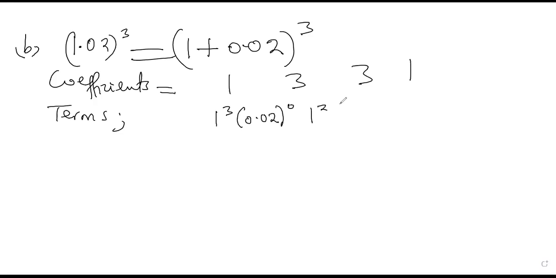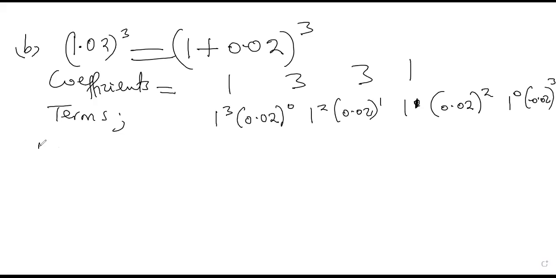Then 1 squared, 0.02 to the power 1. Then 1 to the power 0, then 0.02 to the power 2. The last term is 1 to the power 0, 0.02 to the power 3.